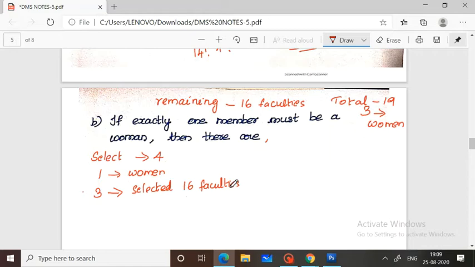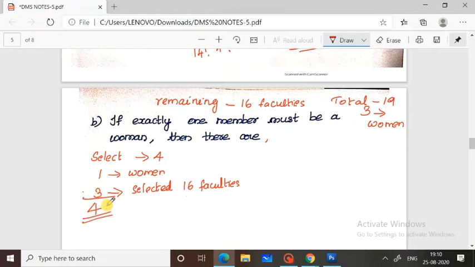Remember that if exactly 1 member must be a woman, then അതിൽ നിന്ന് ഒരു വിമൻ നമ്മൾ സെലക്ട് ചെയ്ത് കഴിഞ്ഞാൽ ബാക്കി 16 ഫാക്കൽറ്റീസ് നമ്മുടെ കയ്യിലുണ്ട്. ആ 16 ഫാക്കൽറ്റീസിൽ 3 പേരെ നമ്മൾ സെലക്ട് ചെയ്യണം. That means the combination, അതും ബോത്ത്, കാരണം വി നീഡ് ടോട്ടലി 4 members.